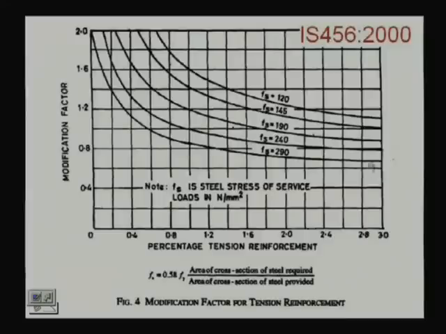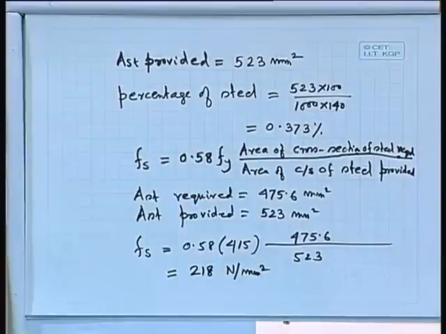Now if we come to this figure 4 of IS 456-2000, we know this is 218, and the percentage of steel we are getting here is 0.373. So 0.373 means it will be somewhere here.